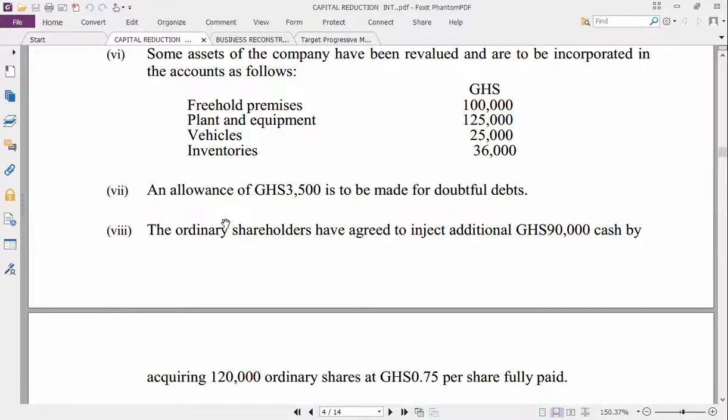Then note 8. The ordinary shareholders have agreed to inject additional 90,000 cash by acquiring 120,000 ordinary shares at 0.75 pesos per share, fully paid.